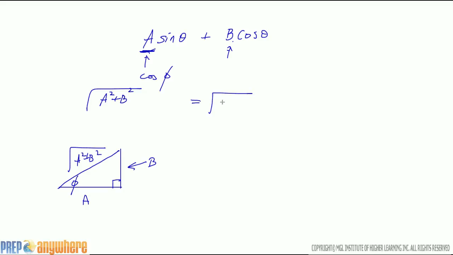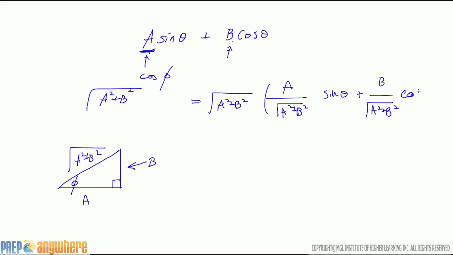So if I factor out the square root of a squared plus b squared, we have a over this, and this is b over this. Do you see how if this were to be cosine of phi, this will always be the sine of phi?